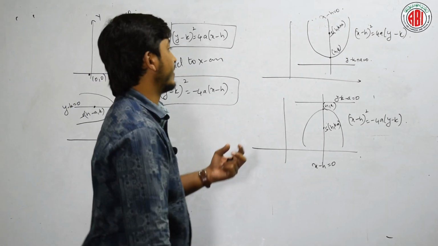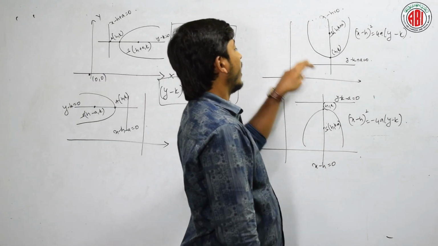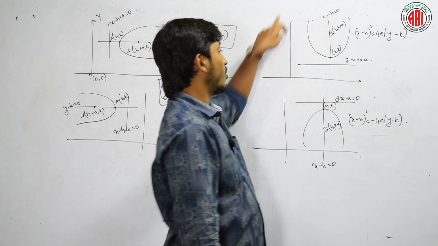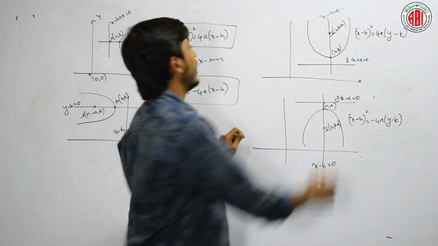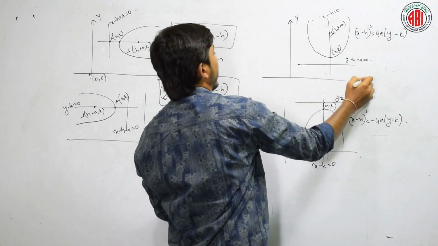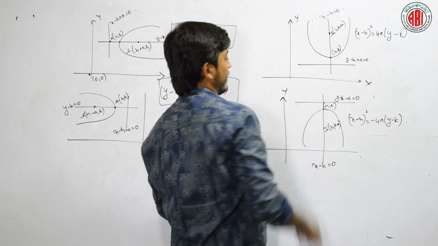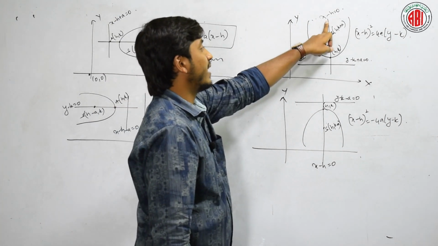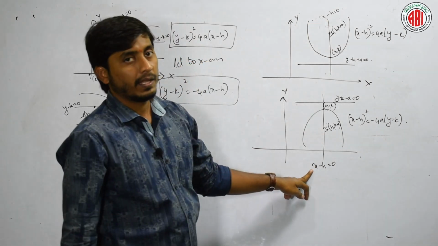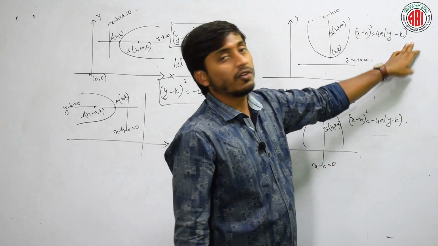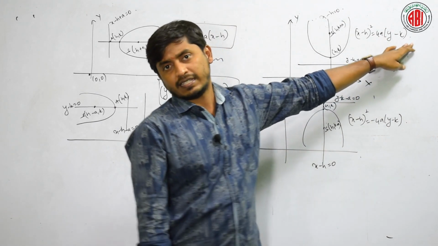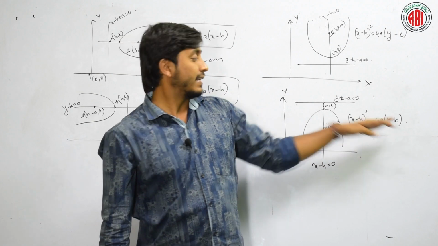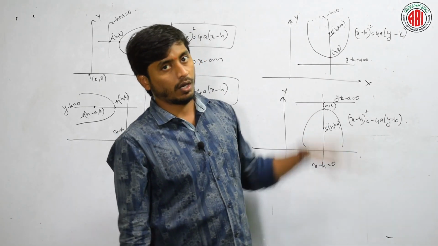Clear? Next, what if the axis of the parabola is parallel to the y axis? So, that will be x minus h equal to 0 and x square equal to 4ay if you observe, isn't it? Here also x square equal to minus 4ay since it is moving down.